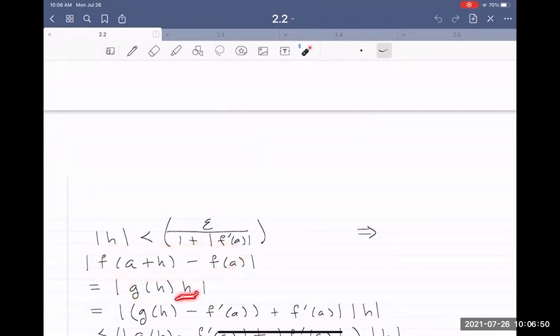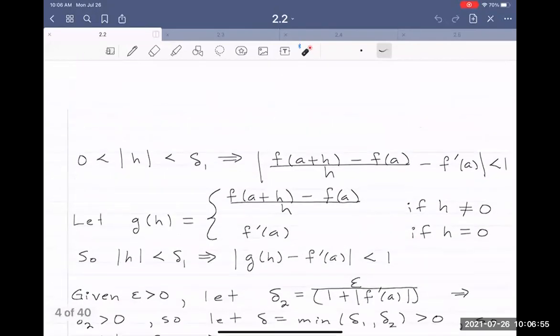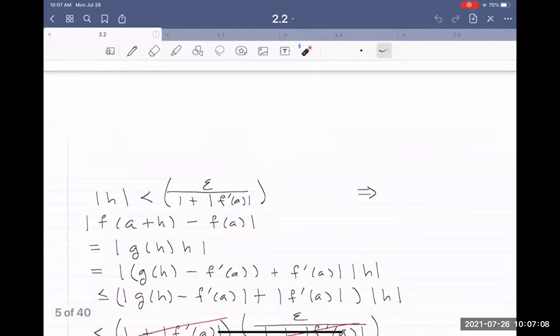If h is equal to 0, then 0 times anything, by the way, g is defined at 0, so 0 times this quantity, whatever it is, exists, and 0 times this quantity is 0. So if h is 0, this is 0. And if h is 0, then a plus h is just a, so f of a plus h minus f of a is 0. So these are equal. Therefore, no matter what, this is a true statement.